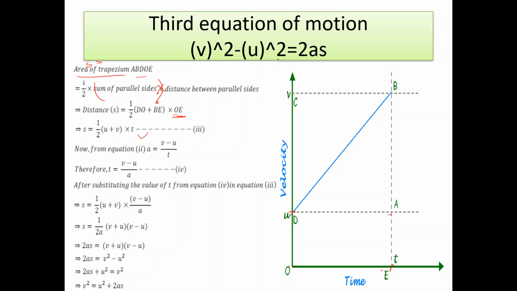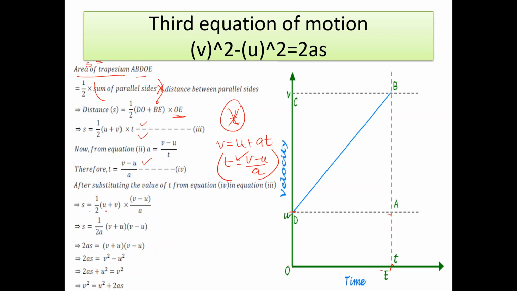Now in the third equation we don't require time, so instead of time we will put its value. Again from the first equation, v is equal to u plus at, or you get t is equal to v minus u upon a. So you will put the value of time instead of this t. So what you get?